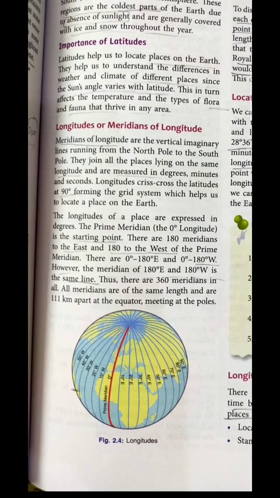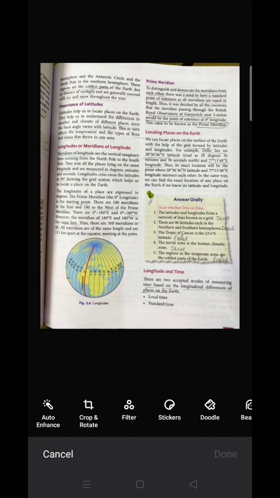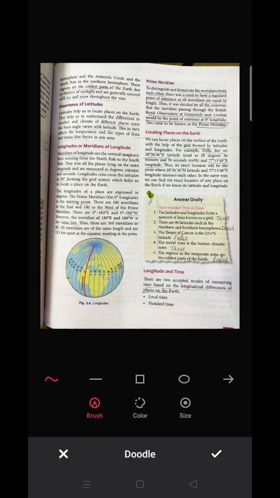Meridians of longitude are considered vertical imaginary lines running from the North Pole to the South Pole. Here you may check: this point at the top is the North Pole, and here below is the South Pole.